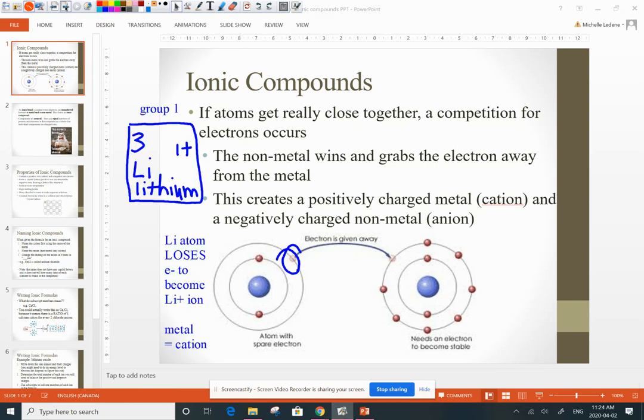So here we have the example of lithium. And this lithium atom, we know, is found in group 1. And all of our group 1 atoms have this one extra electron in that outermost, the valence energy level.